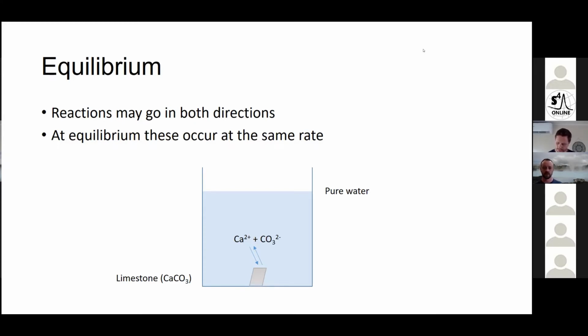So there's still a dynamic exchange of ions between the solid phase and the aqueous phase, and this is why we call this dynamic equilibrium. If we were to measure the solution concentrations of these ions, they would be unchanging. However, the actual process of exchange between solid and liquid would be continuing.